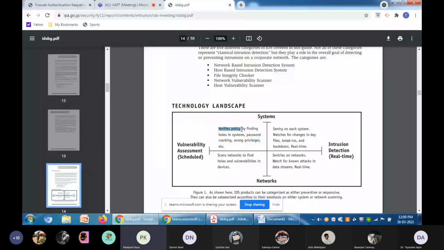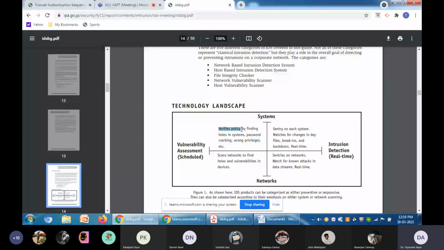Ma'am, if we go quadrant-wise, then the second quadrant says it scans networks to find holes and vulnerabilities in the device. So it's an assessment for finding the vulnerabilities and the loopholes. Exactly.